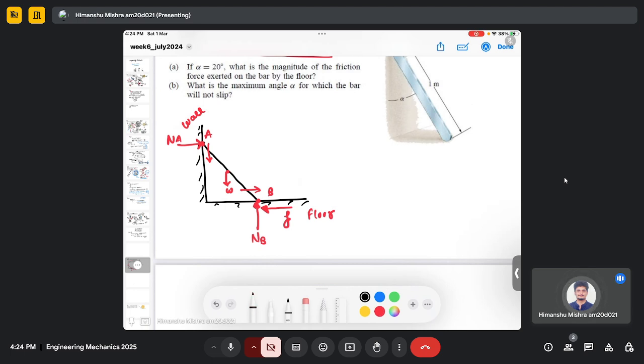So we have identified all the forces here. In this there is an angle of 20 degrees. So this is 20. Now we can use equilibrium equations. First, as usual, we start with the summation of force in the x direction and equate it to 0. So this is x and this is my y.